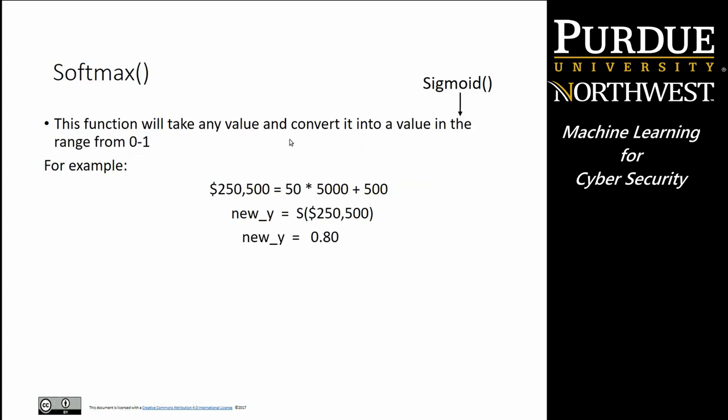So then you can do something like this. This function will take any value and convert it into a value in the range from 0 to 1. You see that? So for example, we take this equation, whatever we get here, we apply it through the sigmoid function, and now the new y is something in the scale from 0 to 1. Do you guys see that? And that's just the basic math mechanism.